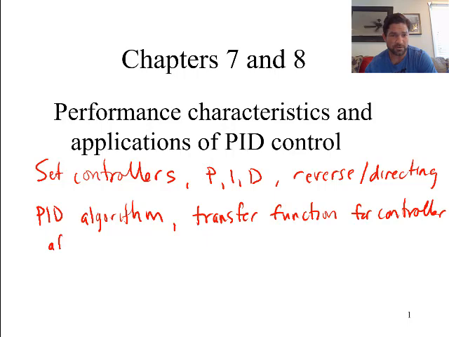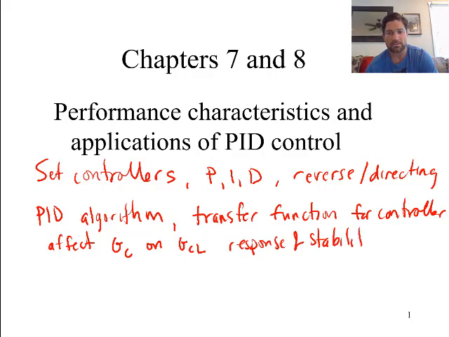Then we're going to look at the effect of the transfer function of the controller on the transfer function of the closed loop with respect to the overall response and stability, similar to what we did previously for open loop processes that involved either first, second, or higher order processes.